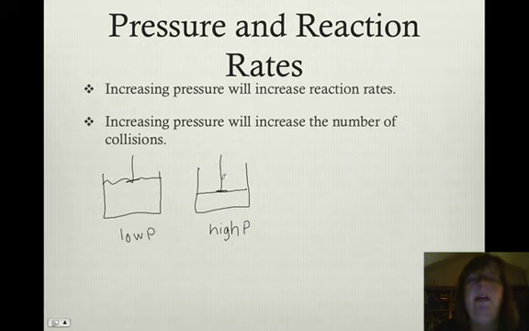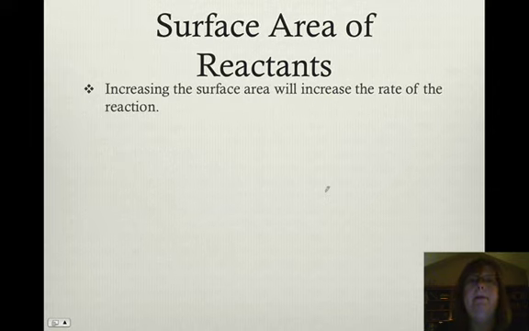We're pushing down harder over here. What's that going to do? When you increase your pressure, you are going to be increasing the number of collisions. Also, the molecules are going to be closer to one another, so they're going to collide more frequently. So increasing the pressure will also increase the reaction rate.